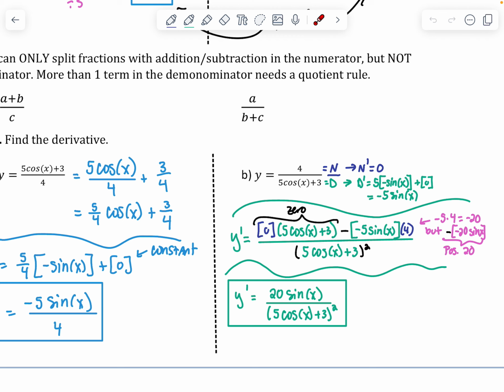I need my subtraction, the derivative of the denominator and the numerator in its original form. I'm going to go ahead and multiply 4 with negative 5 to get negative 20, but we're subtracting that negative 20. So this is why we end up with a positive 20 sine of x, and I'm leaving my denominator as a binomial squared.